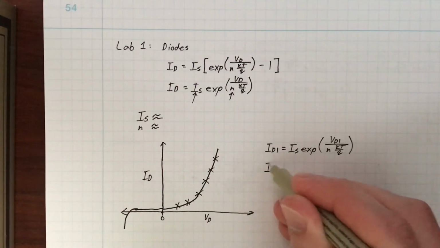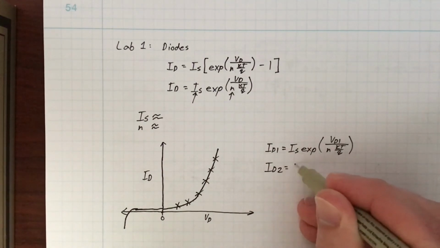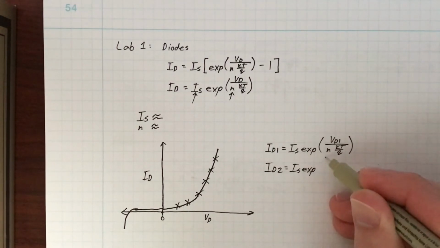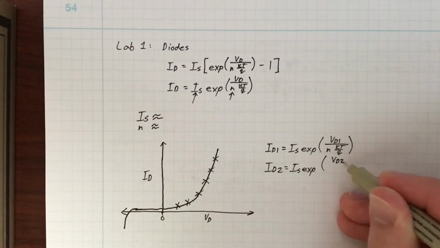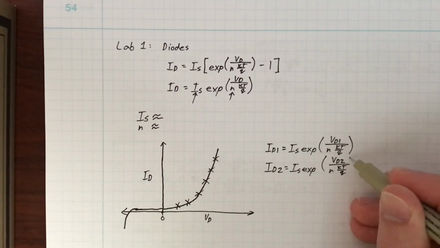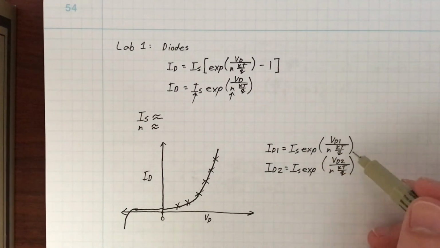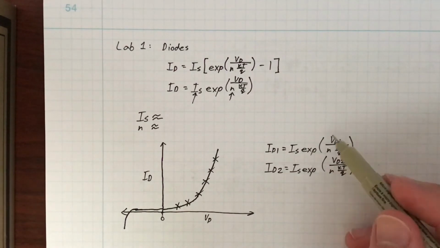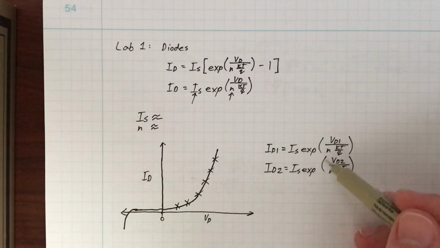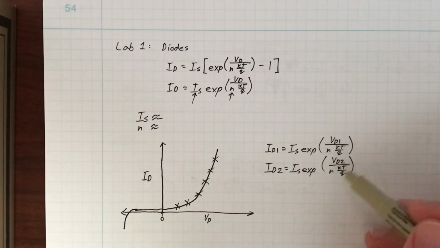And your second data point, ID2, is equal to IS exponential of VD2 over N KT over Q. If we look at these 2 equations, the only variables you don't know are N and IS. So you have 2 equations, 2 unknowns.